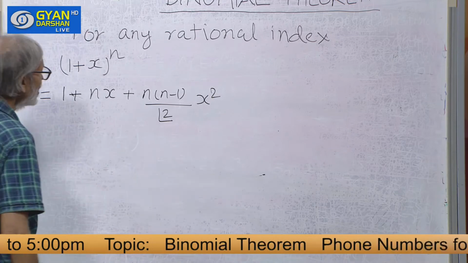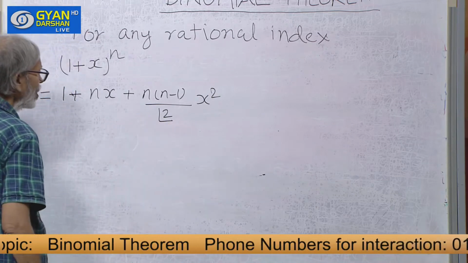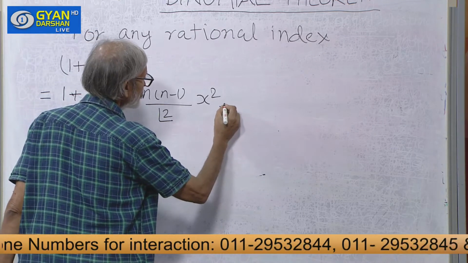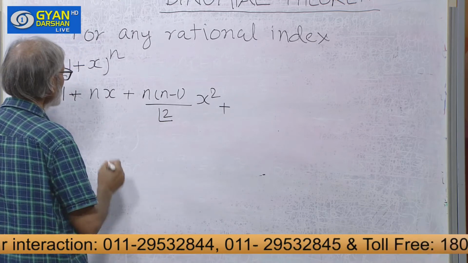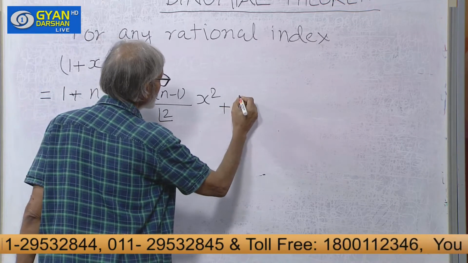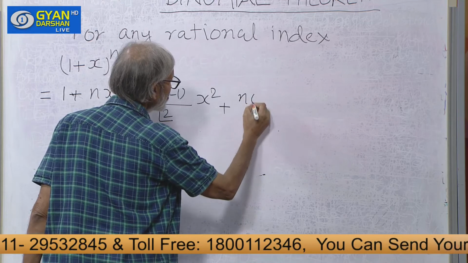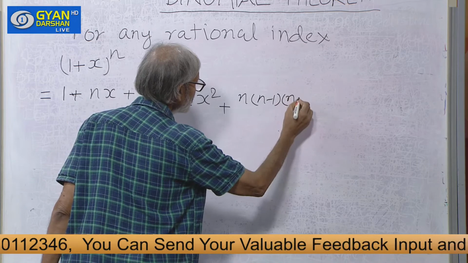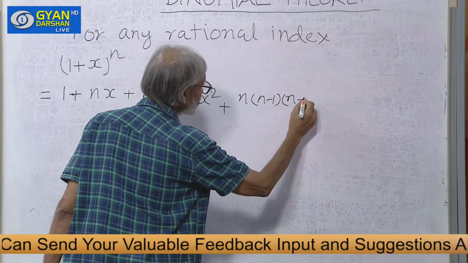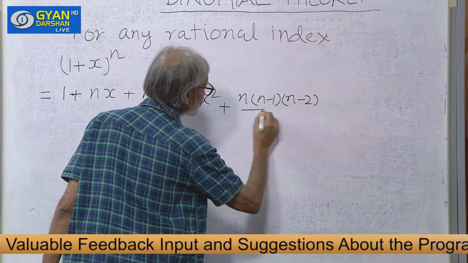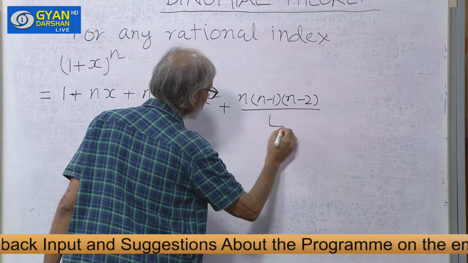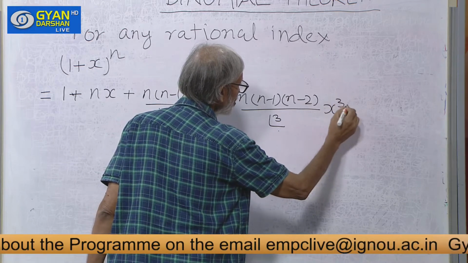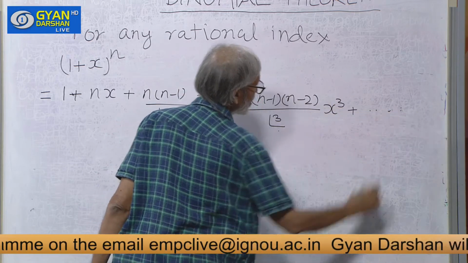You can see that a systematic pattern is here. So, it is not difficult to remember this expansion, plus n(n-1)(n-2)/factorial 3 into x cube, and it will go on.